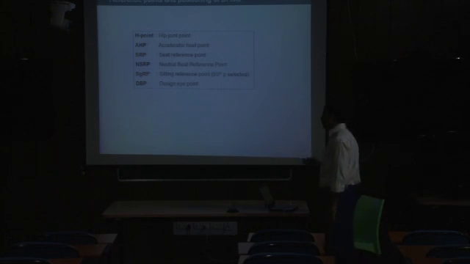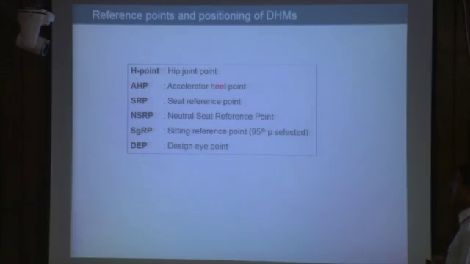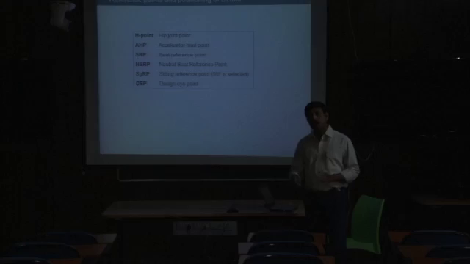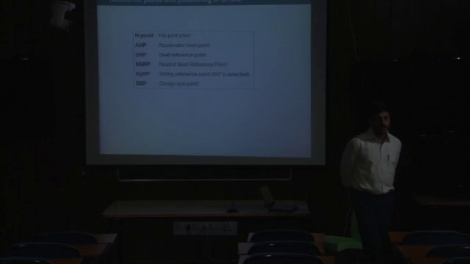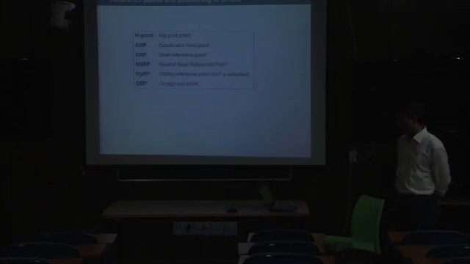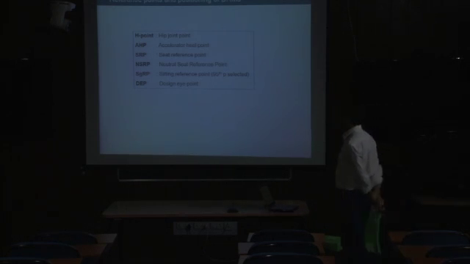So while we are positioning that human model with that appropriate posture, we need different types of reference points in how we are positioning the digital human model, or how we are interfacing the digital human model with respective workstation or products. For that purpose, we will discuss different types of reference points.